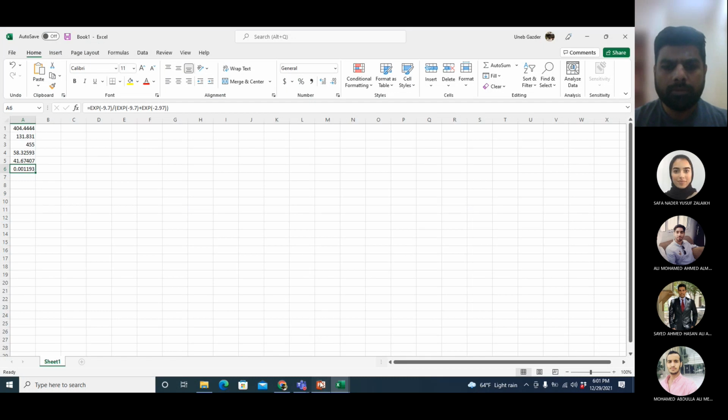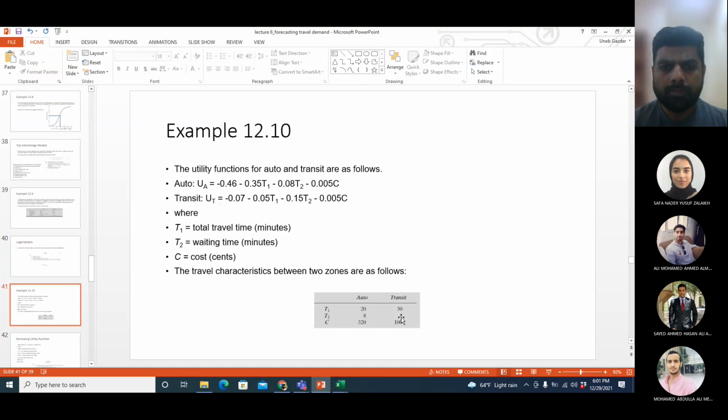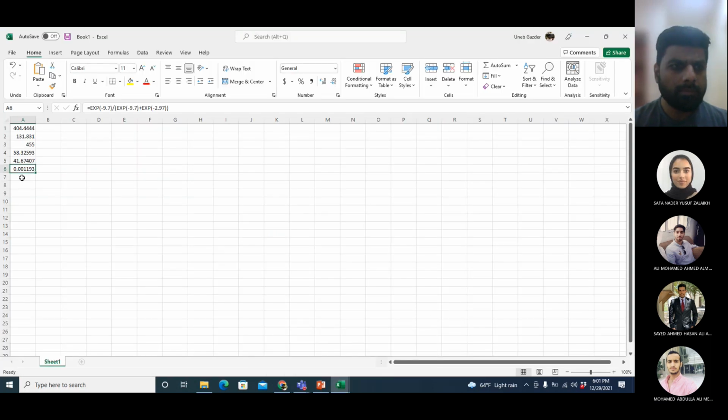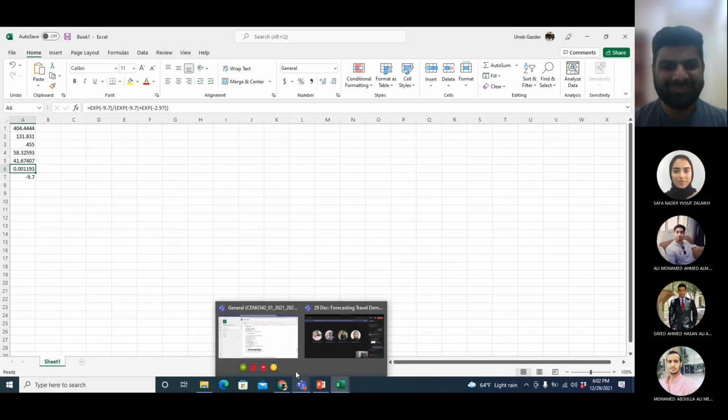Auto, 9.7 on top. 28 and 320, yeah. What can we do?